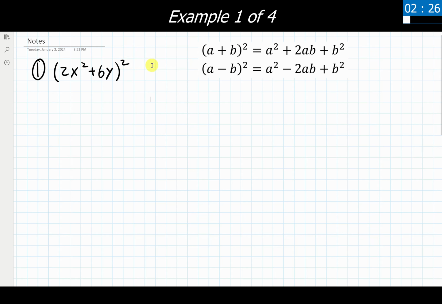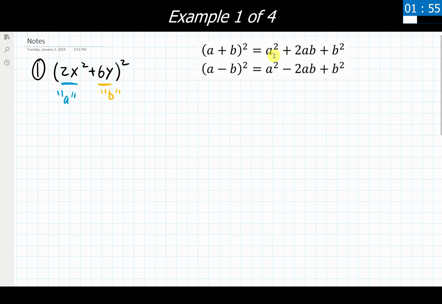So I can identify what my air quote a term is, identify what my air quote b term is, and then I can plug that into my final form here and just simplify down to my final answer. So we'll use some slightly different colors here. We'll use blue here. So we have our a term, and we have our b term here.